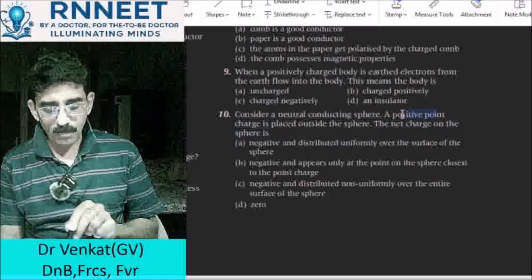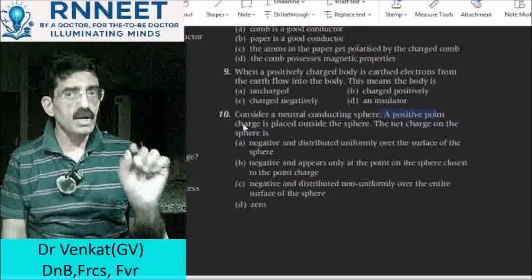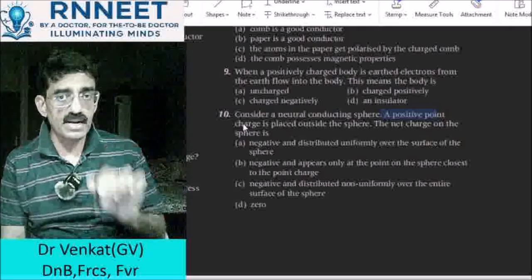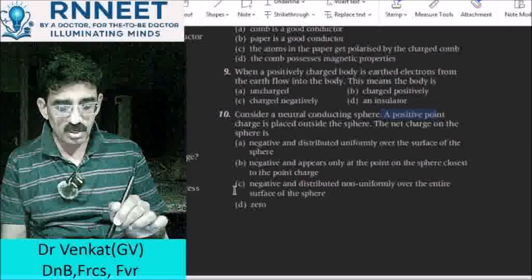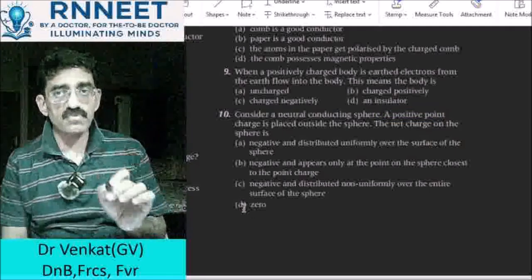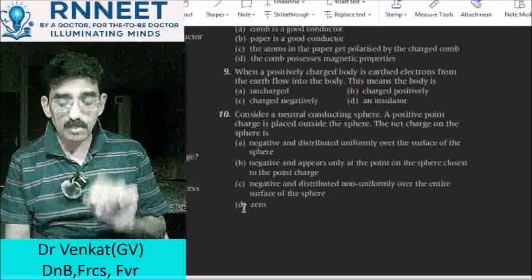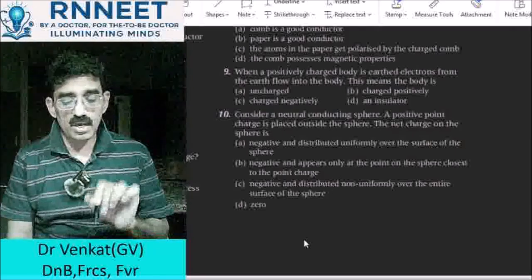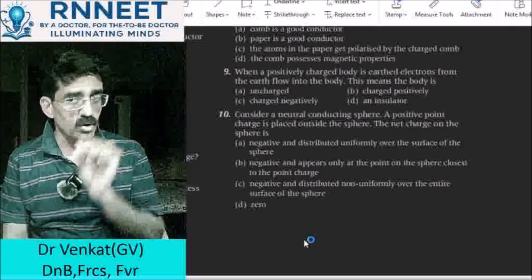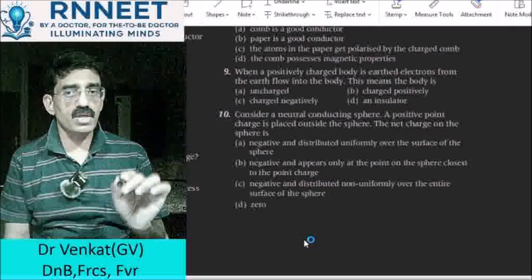If a positive point charge is kept over it, it will not induce any major induction. So the net charge on the neutral sphere is always 0. Remember this: even if there is a positive charge which is not a point charge, the net charge on the conducting sphere will continue to be neutral. There will only be polarization of the charges.